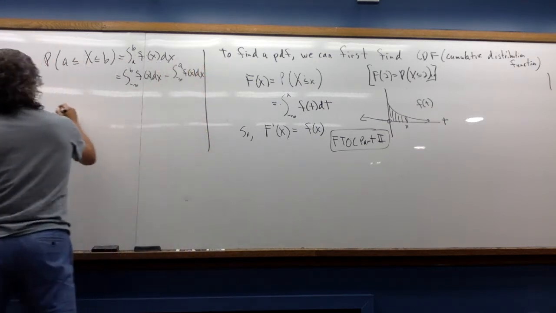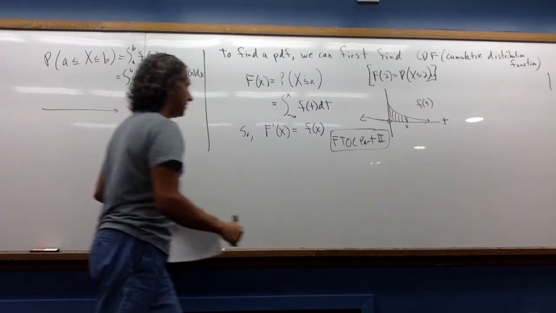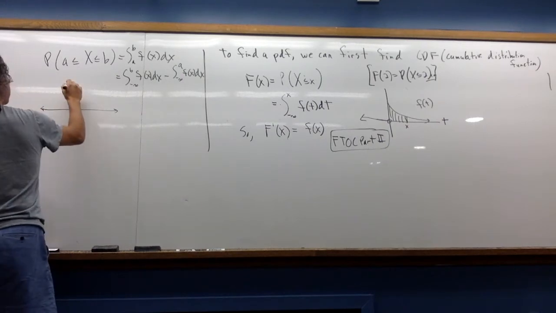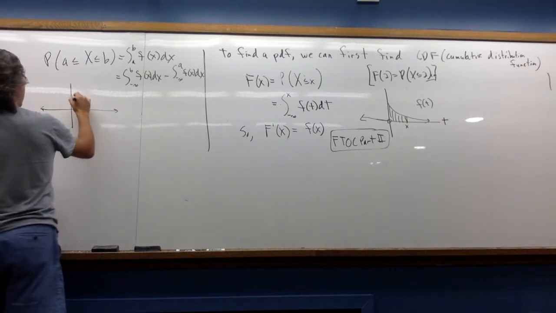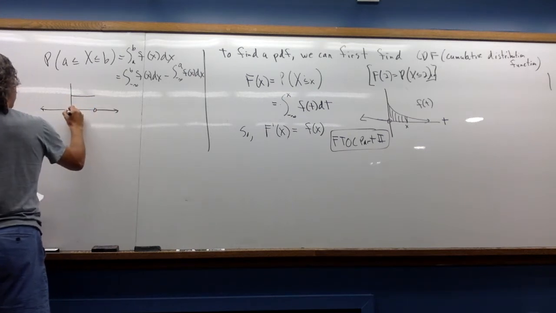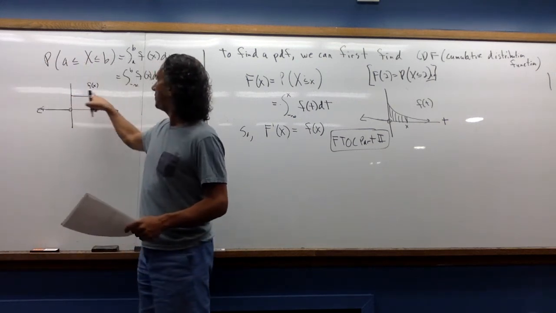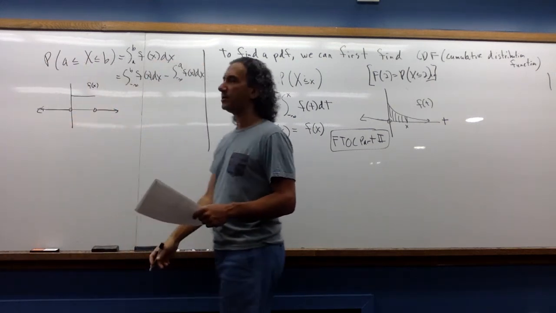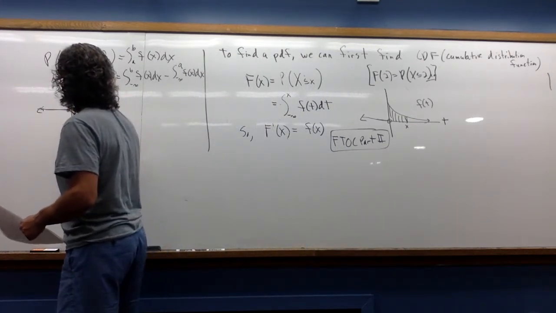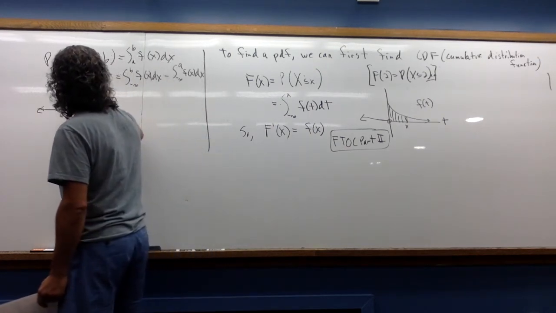Let me show you that with a picture. So let's say we have a particular f of x. I'm going to draw a different one that we'll see a little bit later. So this is f of x. It happens to be constant and then 0 outside of that interval. If I want the probability of being between here and here, that's just going to be the area.